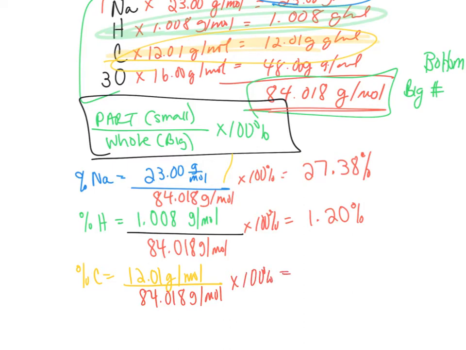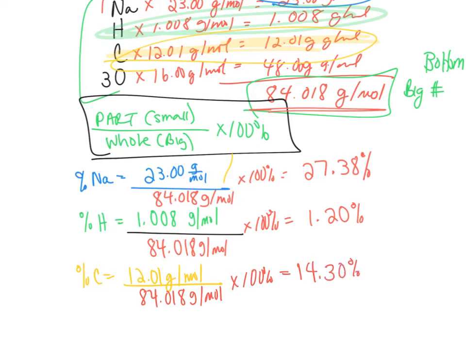So now we do 12.01 divided by 84.018 times 100. So the percent of mass that belongs to carbon is 14.30%.